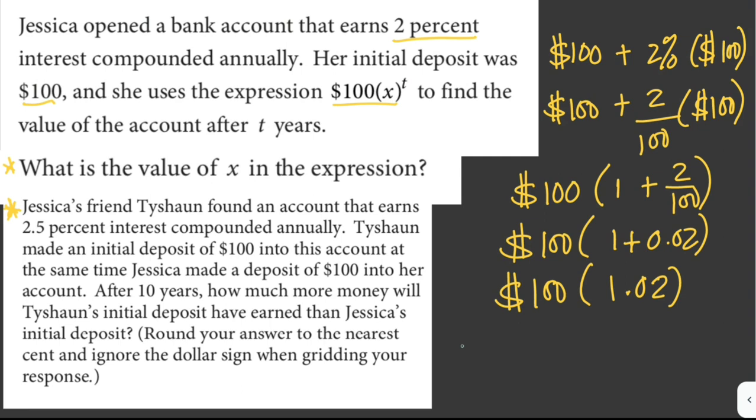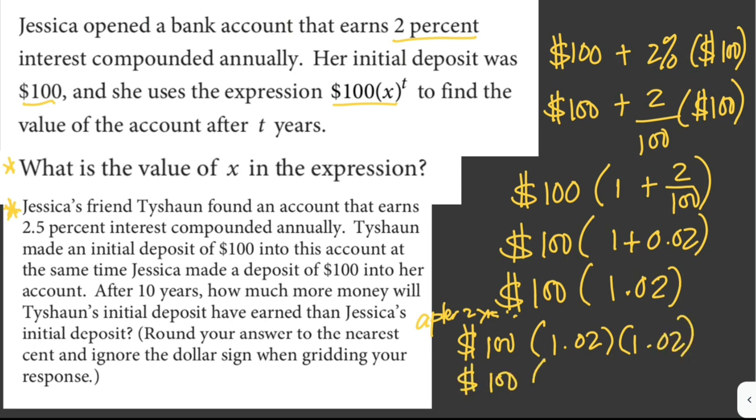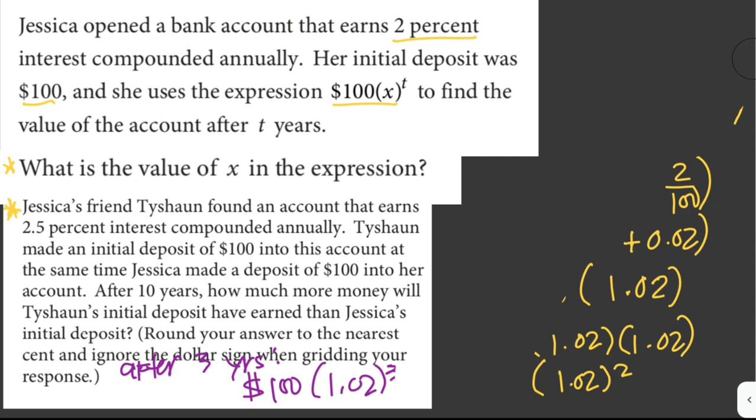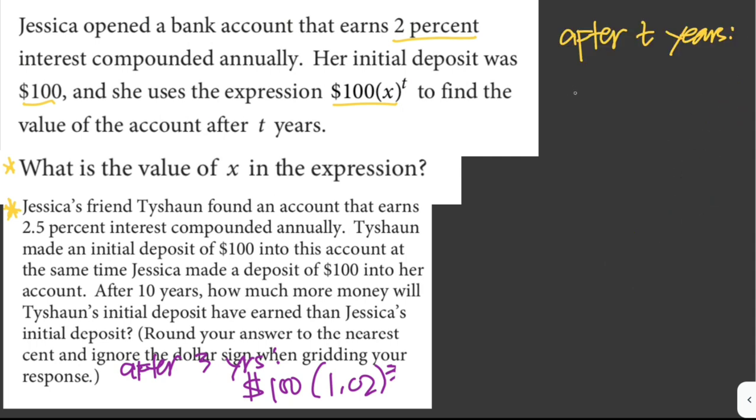Therefore, after 2 years, the value will be $100 times 1.02 times 1.02, which we can write as $100 times 1.02 squared. Therefore, after t years, the value would be $100 times 1.02 to the t.